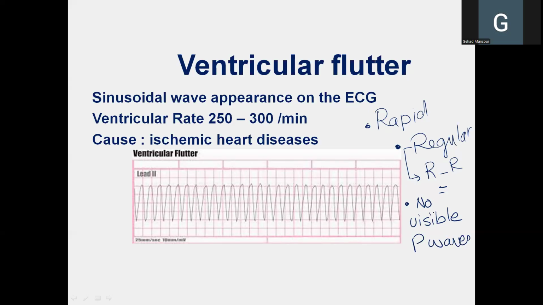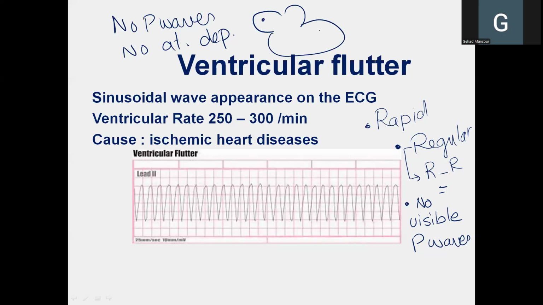Don't say that there are no P waves, because if you say no P waves, this means that there is no atrial depolarization. And this is absolutely wrong, because in such a case, the SA node is working normally, but there is an ectopic ventricular focus that is taking over.